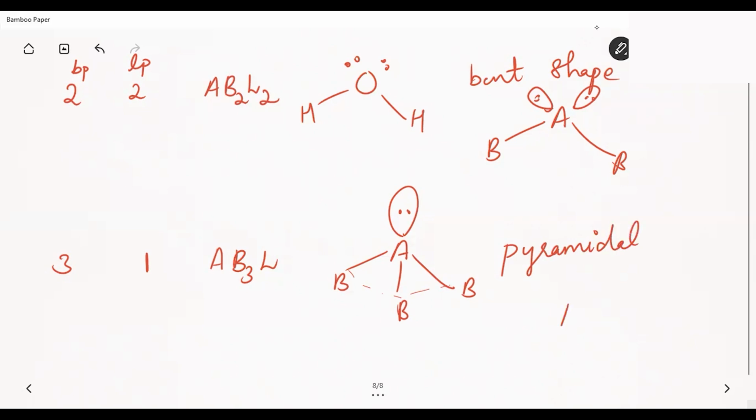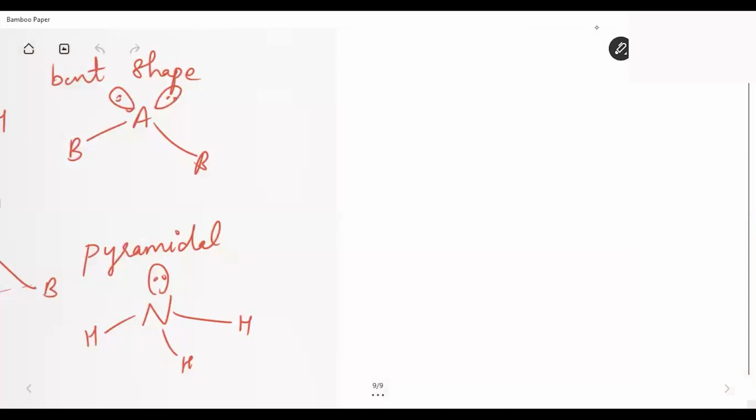The most common example we know is ammonia. Ammonia has 1 lone pair of electrons, right? So ammonia's shape is pyramidal. Hope you understand. Now moving to the next one. Next is 3 bond pairs and 1 lone pair, AB3L.